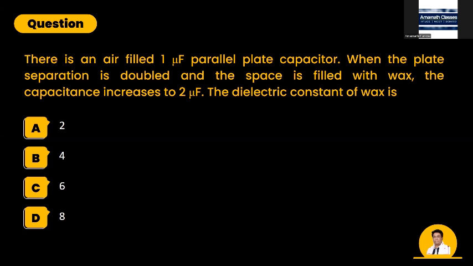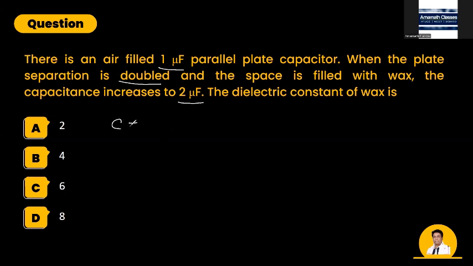Now let us try this question. There is an air-filled 1 microfarad parallel plate capacitor. When the plate separation is doubled and the space is filled with wax, the capacitance increased to 2 microfarad. The dielectric constant of wax is?